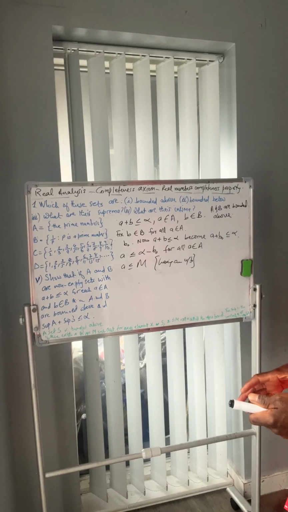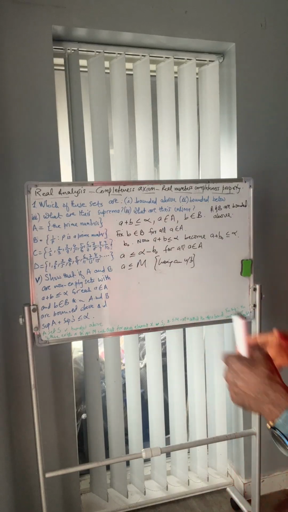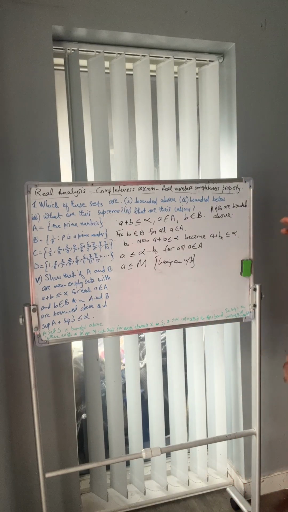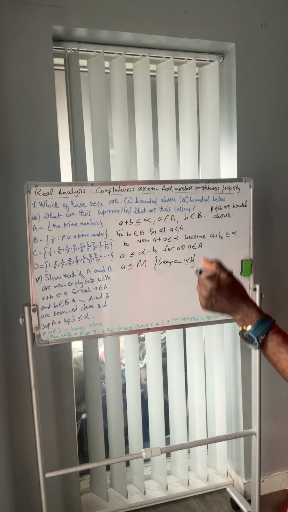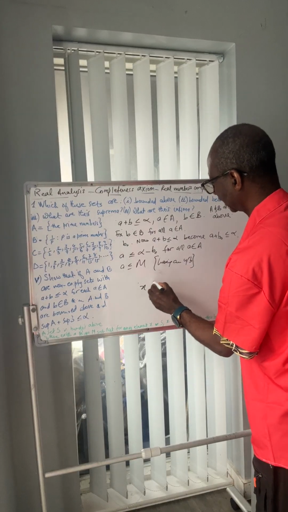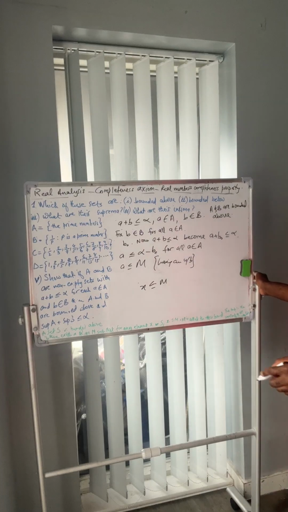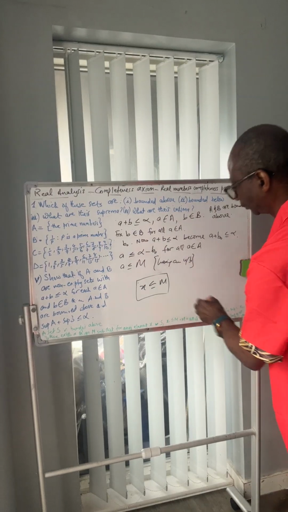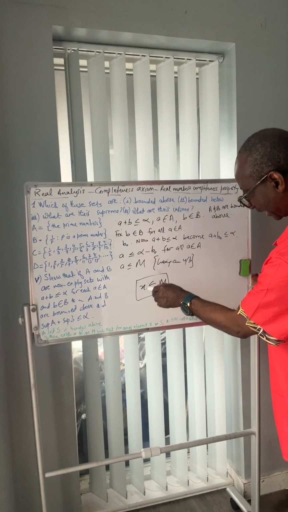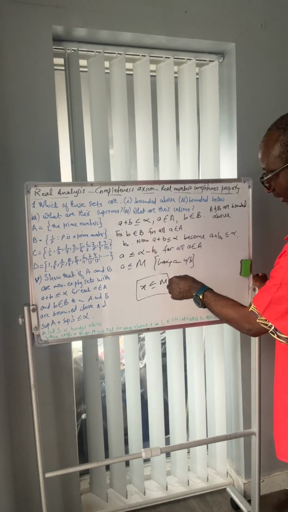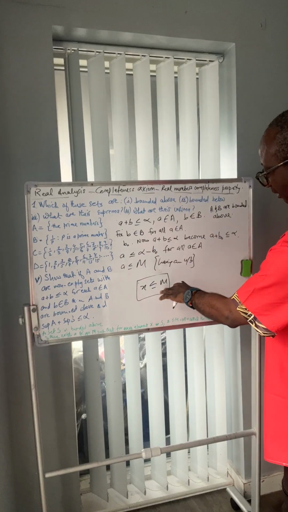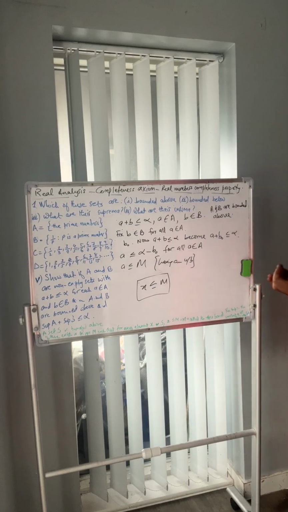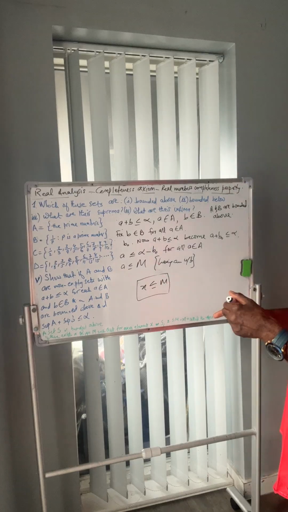Because the definition for a set to have an upper bound: a set S is bounded above, that is, has an upper bound, if there exists a real number M, such that for every element x in S, x is less than or equal to M. When a set satisfies this condition, every element in the set is less than or equal to a number, that is the highest number of the set. That set is bounded above. So that is what you have just proven here.